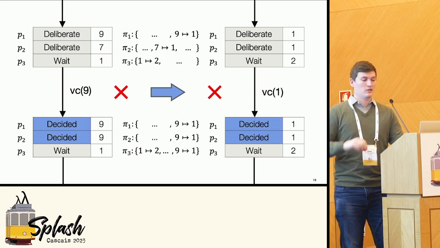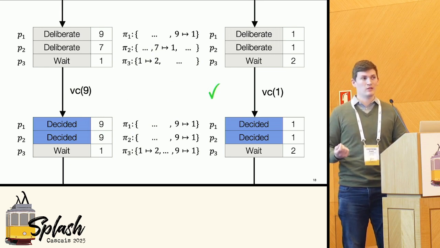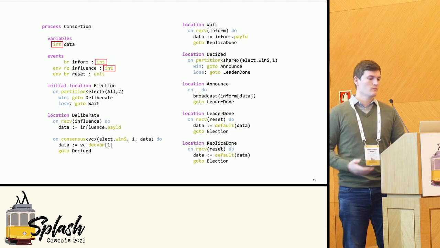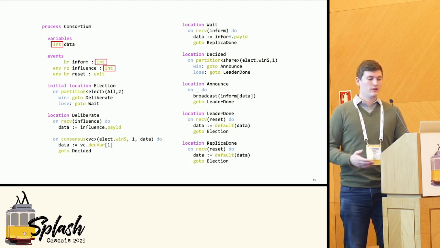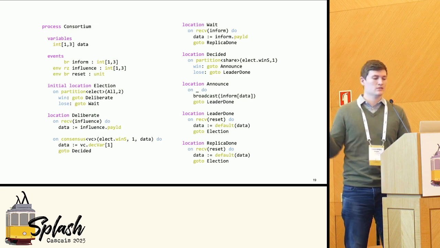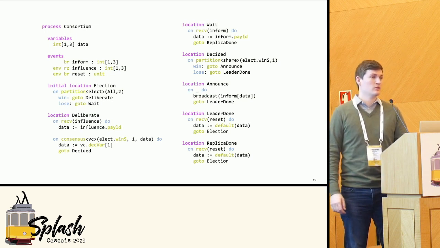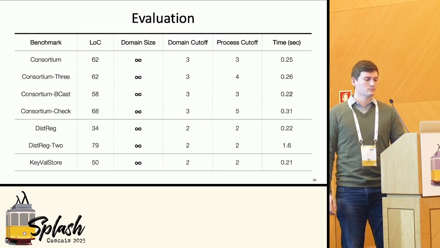So then, by the contrapositive, if there's no reachable error state in the finite domain system, then there also cannot be any reachable error state in the original system. So then, to verify this system with unbounded variable domains, it suffices to verify this system with this finite variable domain. And in this case, we found that a domain of size 3 was sufficient to prove the safety of this system.